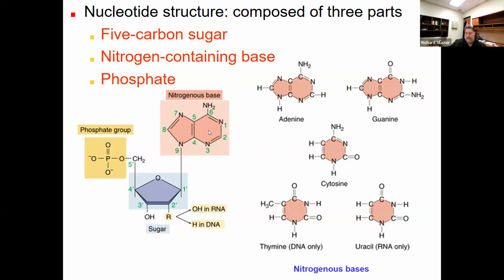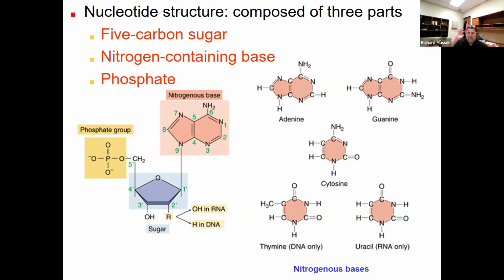And then we'll have adenine, guanine, cytosine, and instead of thymine, we'll have uracil. So remember, RNA always has uracil instead of thymine, and DNA always has thymine instead of uracil. The only other difference is the hydroxyl group versus the hydrogen, and also DNA is using a double helix. We'll get into that in a moment too.